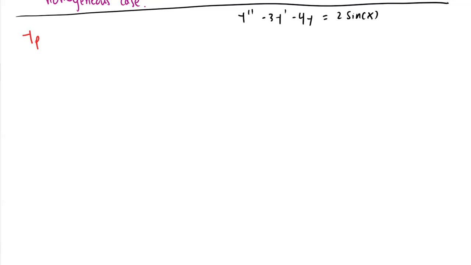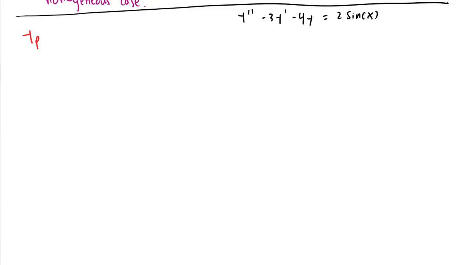Why? Because we want 2 times sine x on the right-hand side. So after we take all of these derivatives and simplify, we want an expression involving sine x on the left-hand side. That's my reasoning: I want something that, after I take derivatives as it looks on the left-hand side, I get something that has sine of x.